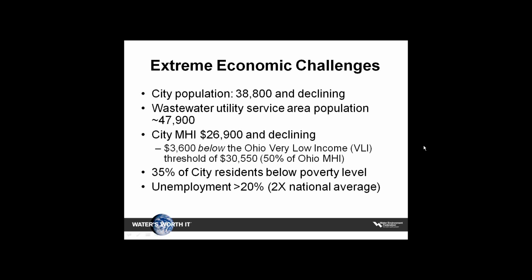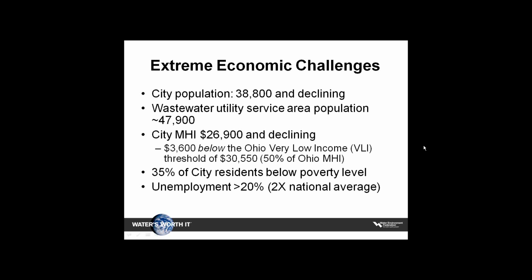But to go through our issues in the economic challenges, we're a city basically of 38,500 people that live inside the city. Our wastewater population is a little over 47,000, almost 48,000 that we service. The metro area around Lima, though, is about 75,000.